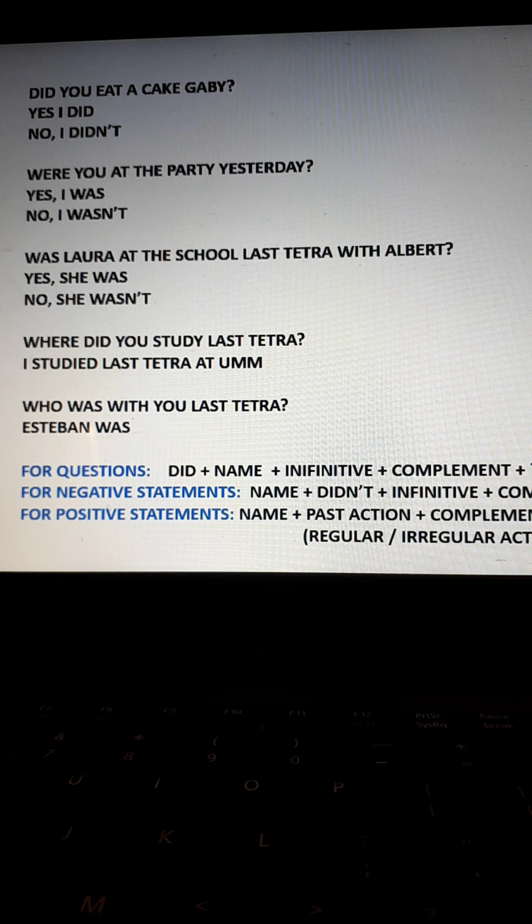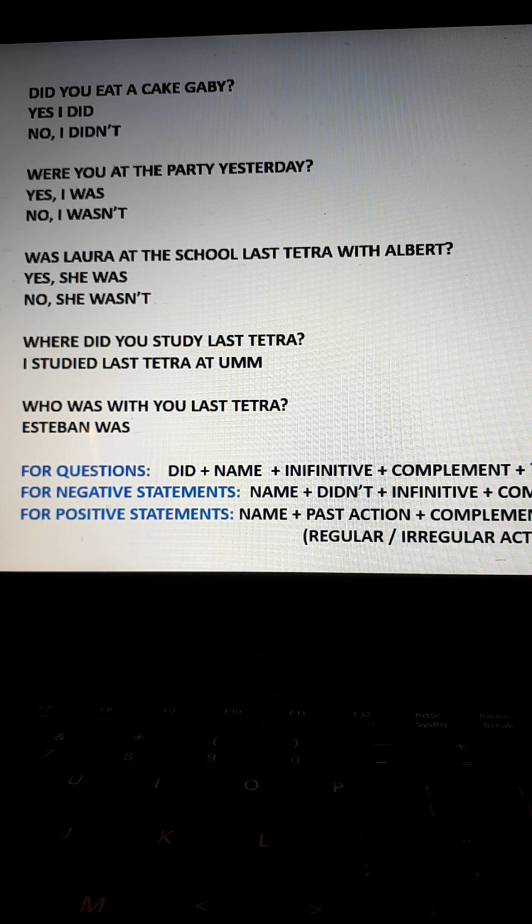But if you are going to use walk, speak, watch, listen, go, play, enjoy, etc., some of them are regular, some of them are irregular, and you can use them with singular and plural names.